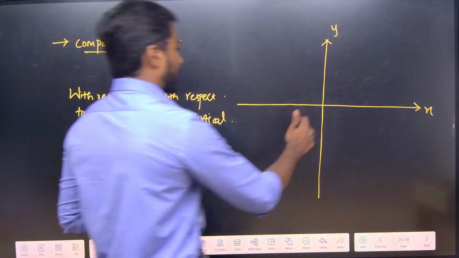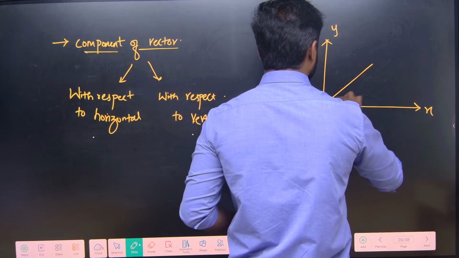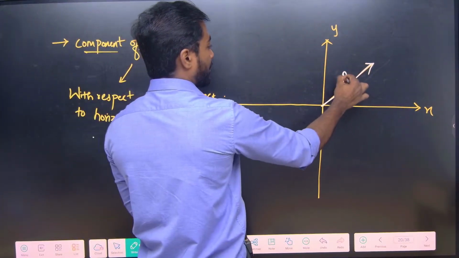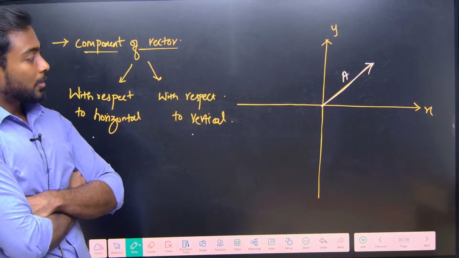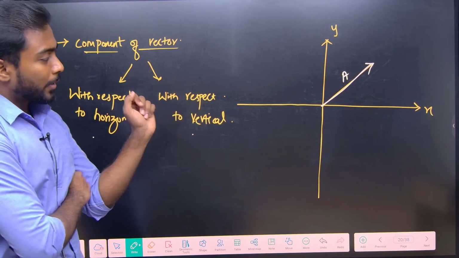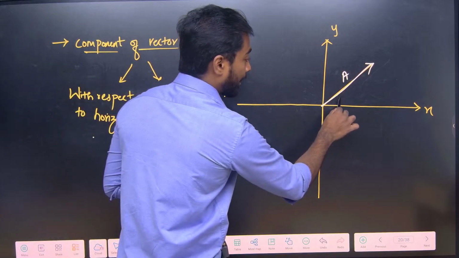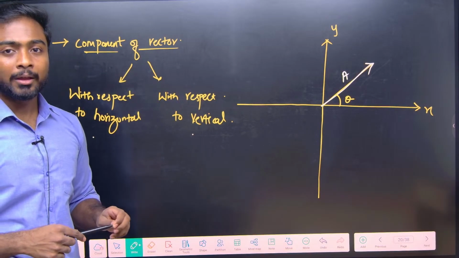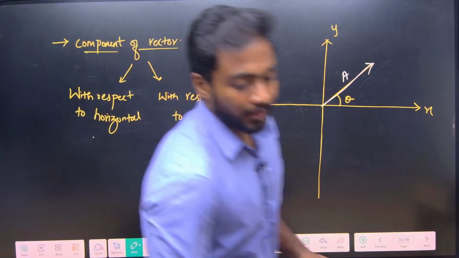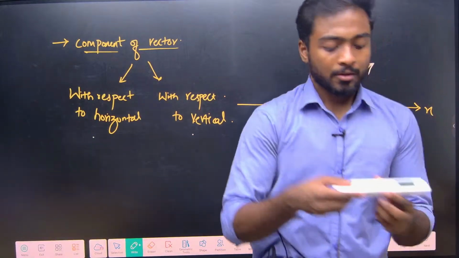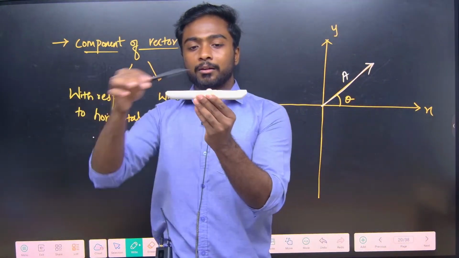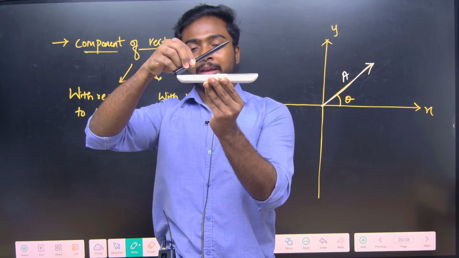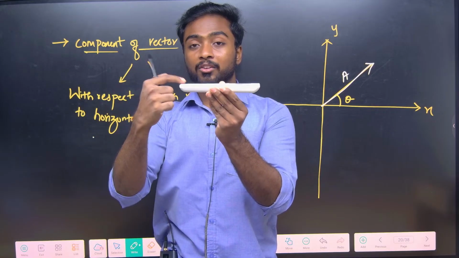Now if I take a vector like this, this vector is making an angle with respect to x axis, which means there is a horizontal line. Initially the vector was like this. Now this vector is making an angle with respect to horizontal.